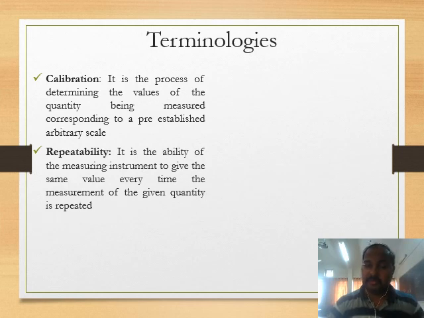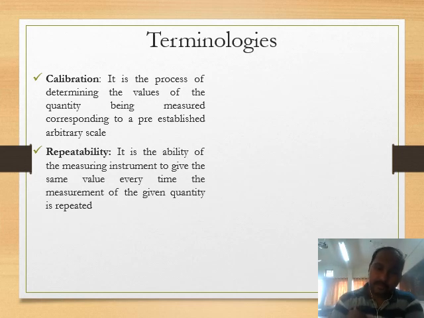Next is repeatability. Let me assume a scale I am using is giving 1.01 meter once, 1.02 meter the second time, 1.009 the third time. It means every time I read the length with the help of that scale, it is giving a very precise reading, nearly equivalent to each other, very close with respect to each other.